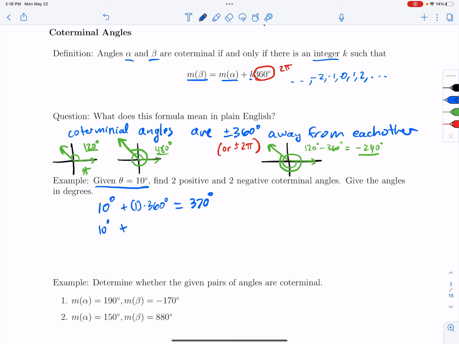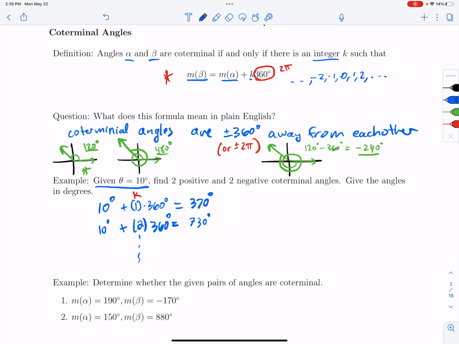Similarly, I could say 10 plus 2 times 360. That's 720 plus 10, 730. So those are coterminal angles, and I could just keep going. In fact, I could come up with an infinite number of coterminal angles. And to tie this back to my definition, k is 1 or 2, etc.